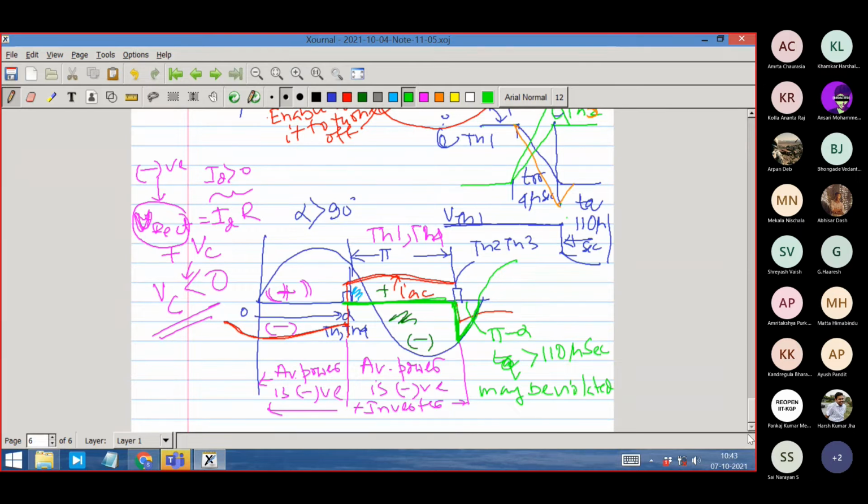I have to convert 110 microseconds into an equivalent angle. 10 milliseconds is 180 degrees. So it is 110 microseconds divided by 10 milliseconds, that is 110 over 10,000 into 180. This corresponds to an angle of 1.98 degrees.